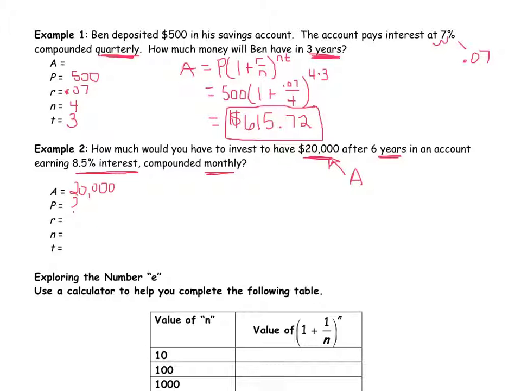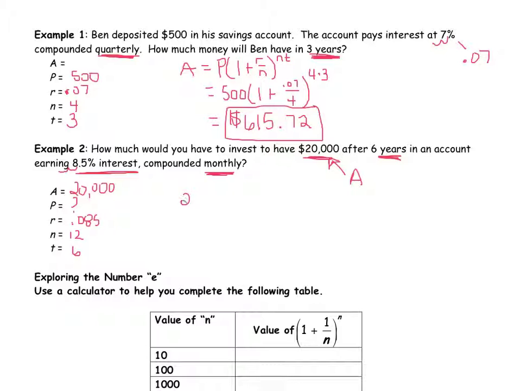And then our R is going to be our interest rate, 8.5%. If I move that over twice, that's going to be 0.085. N compounded monthly, that would mean that my N is 12. And then T is after 6 years, so that's going to be 6. Okay, so let's go ahead and get our equation set up.